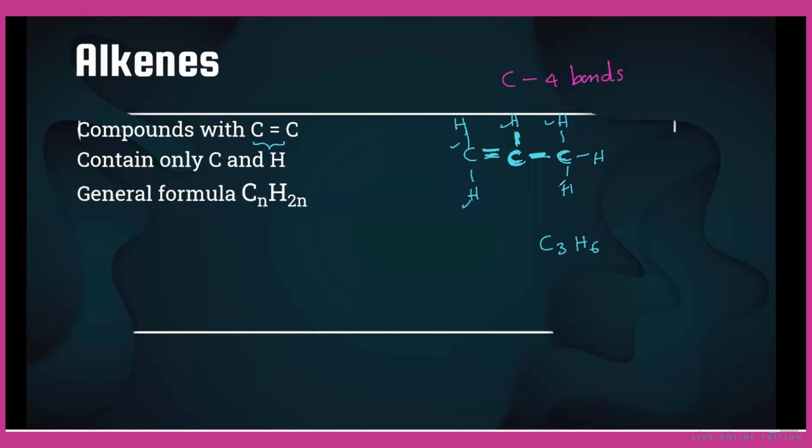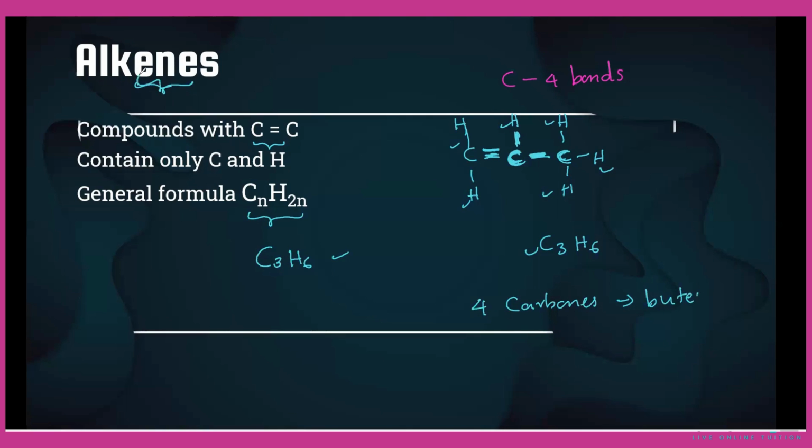1, 2, 3, 4, 5, 6 hydrogens. And if we look at the general formula, when we have 3 instead of n, then H is 2 into 3, which is 6. Yes, this is correct. So you can now pause the video and try drawing the alkene with 4 carbons, which will have the name butene.